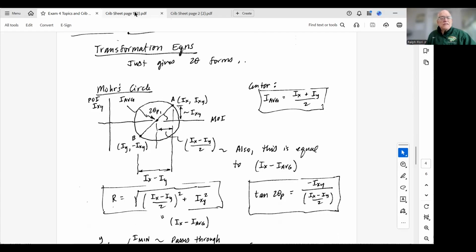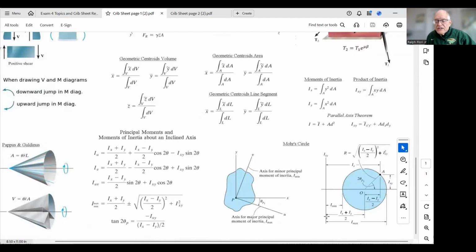Another issue that it doesn't say explicitly, but that you just need to know, is that theta on the original area, with respect to the original rotated axes, is equal to 2 theta on Mohr's circle. That is basically a property of Mohr's circle that comes from using the 2 theta forms of the transformation equations to derive Mohr's circle. And so that's a principle that you need to understand.